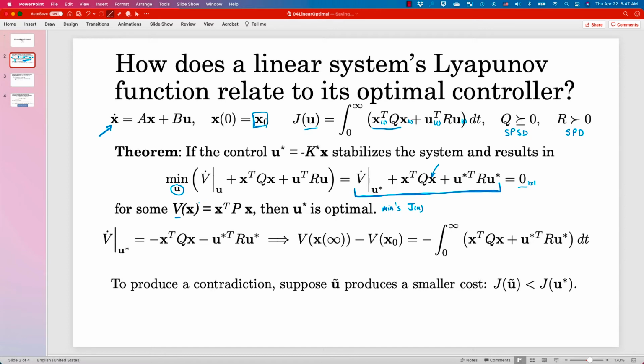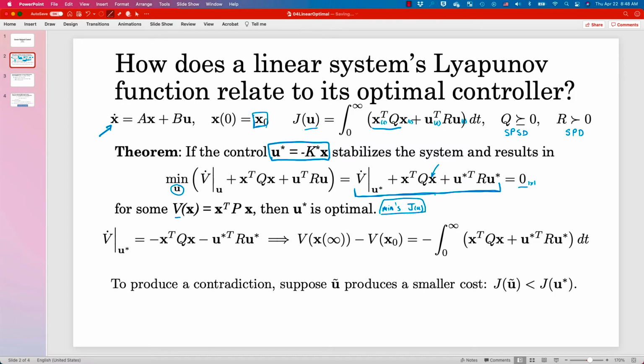All right, so we're doing a minimization over all possible functions u of this scalar valued quantity, V dot plus x transpose Qx plus u transpose Ru. And so if we start with a controller that looks like this, that is, it's a negative full state feedback controller, and that minimizes the quantity here underlined, and that minimum value is 0, then the u star that we started with actually minimizes the J, which is what we're actually after.